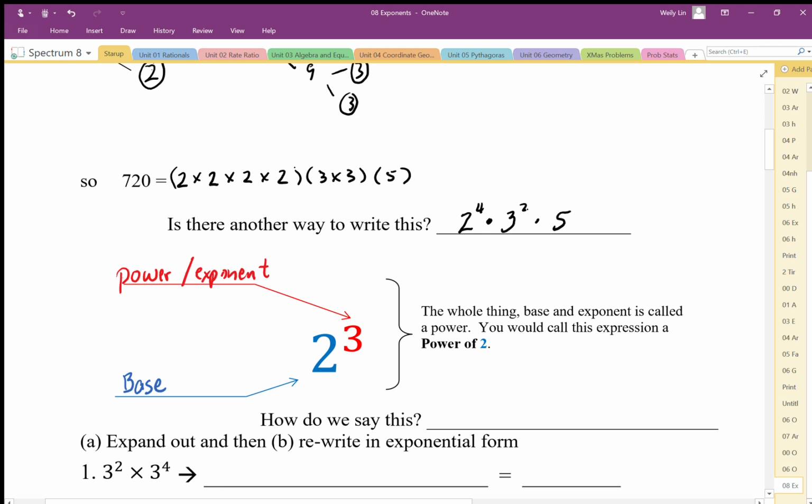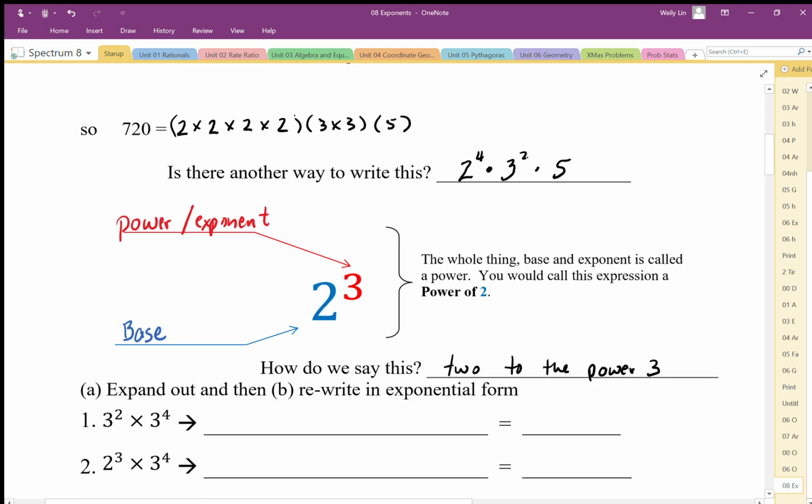Either way is perfectly fine. Now this power again just counts how often we multiply. So that 3 means I've used 2 in multiplication 3 times.